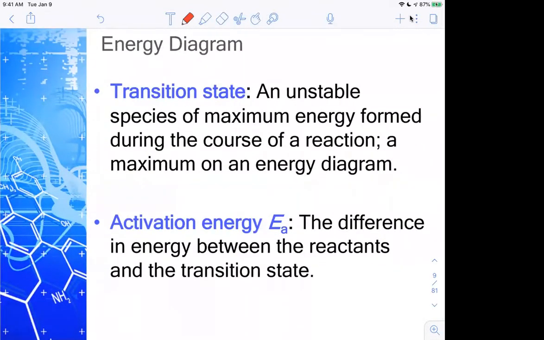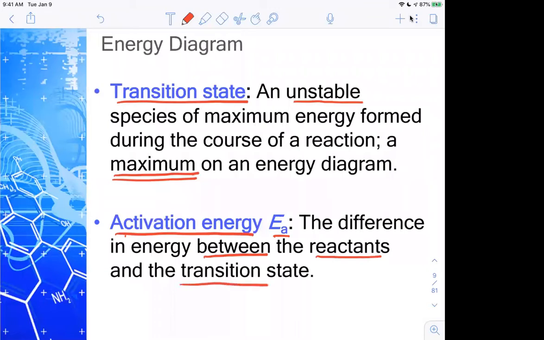In my transition state, which is my energy maximum, it's a maximum on the energy diagram. I have an unstable species of maximum energy that is formed during the course of a reaction. My activation energy, E sub A, is the difference in energy between the reactants and the transition state.